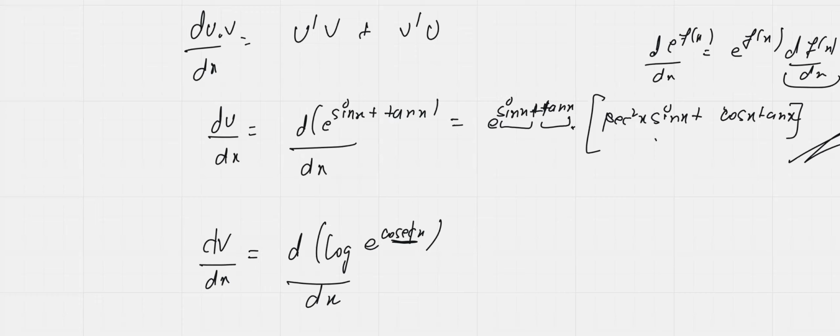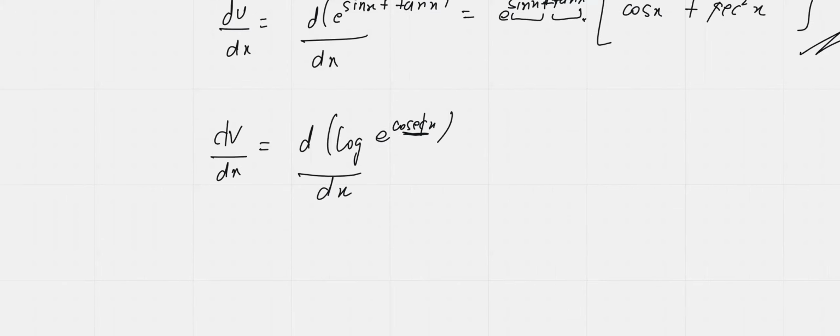That was my mistake. So it is simple then: cos x plus sec square x. Now it's fine.